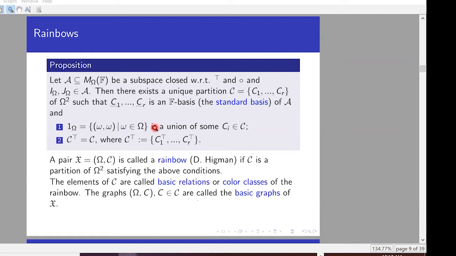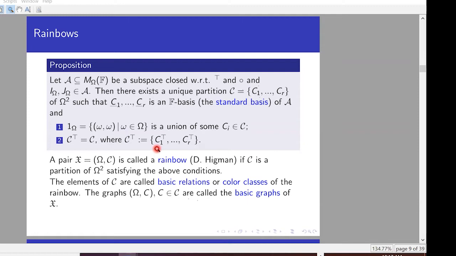The first condition says that the colors used for loops are different from the colors used for non-loops. And the second one says if you have two arcs of the same color, say red, then the opposite arcs should also have the same color, but not necessarily red.